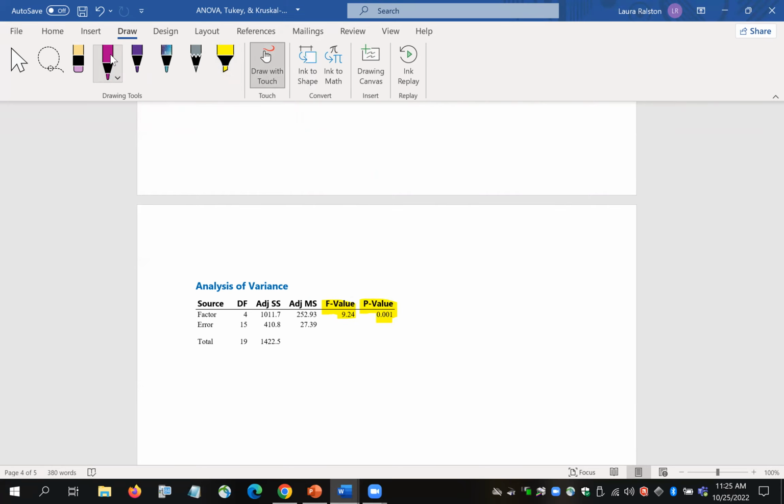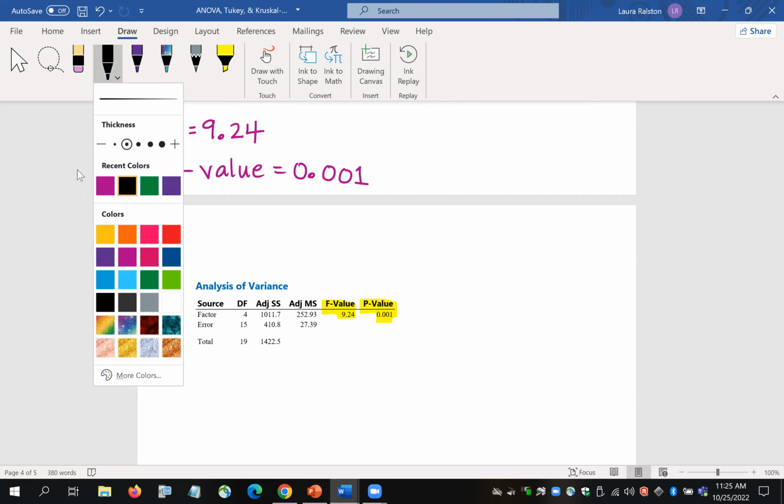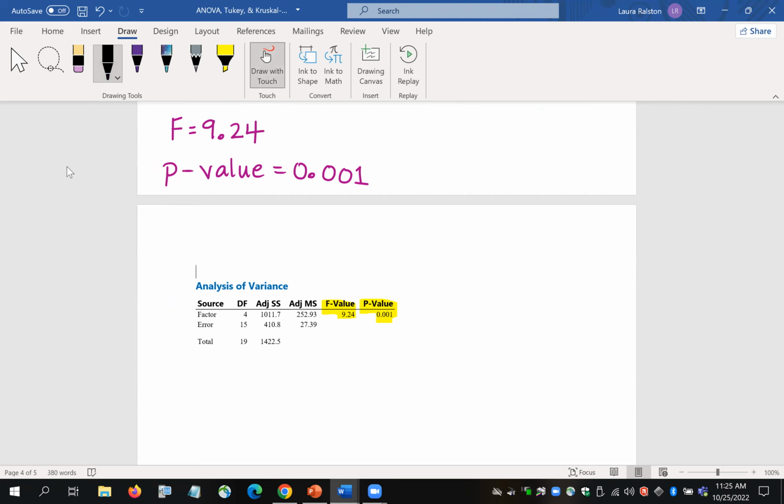Okay, so we would write those down. My F test statistic is 9.24. My corresponding P value is 0.001. We write those down.